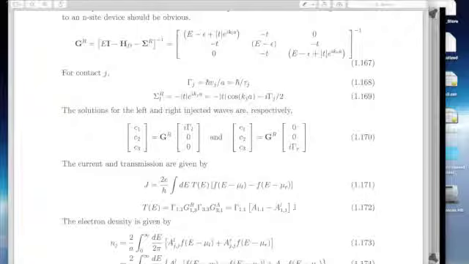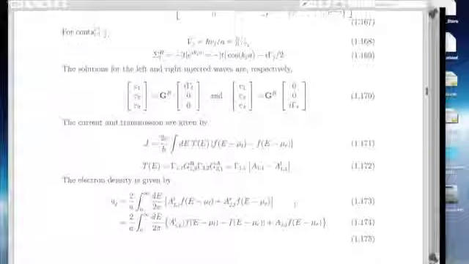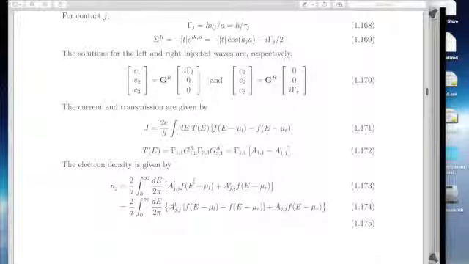Then electron density, how we get the electron density from these left and right injected spectral functions. The left one was just G_J1 Gamma_11 G_1J star, so G^R_J1 Gamma_11 G^A_1J, and a similar form for the right injected spectral function.